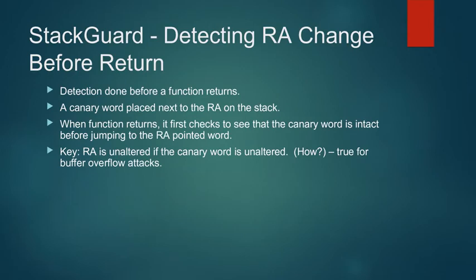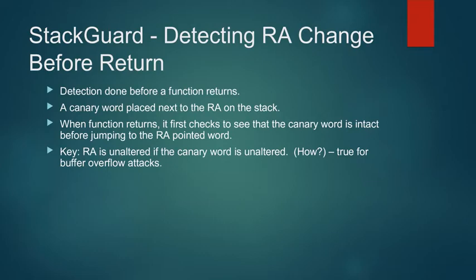Detecting changes to the return address: integrity checking. For this to be effective, the check must be done before the function returns. StackGuard achieves this by placing a canary word, named after the Welsh miners' canary used to detect air pollution due to its high sensitivity, next to the return address on the stack.